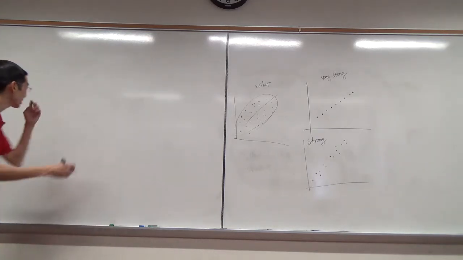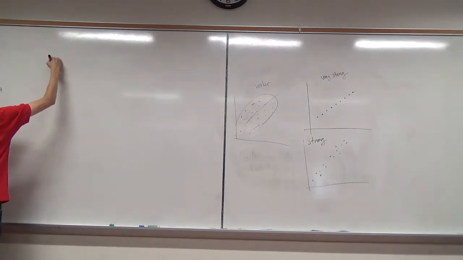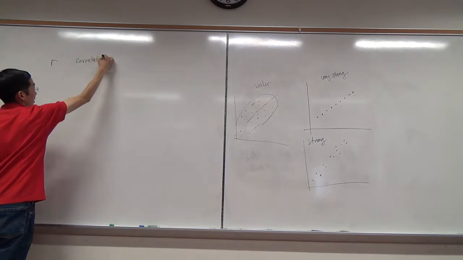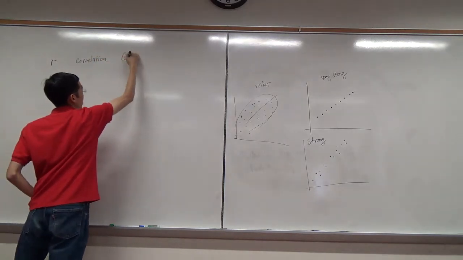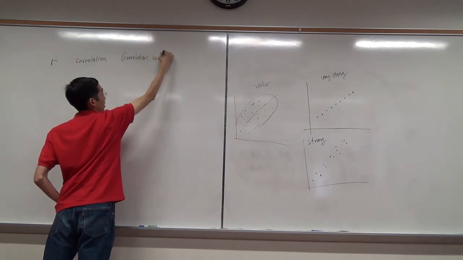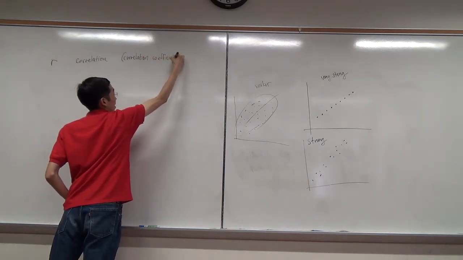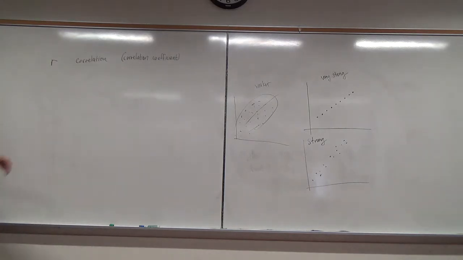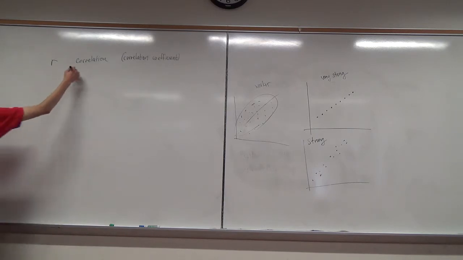We have the same thing here, except it's just the symbol R for correlation, sometimes the full name correlation coefficient. This is just a summary statistic that tells us the direction and the strength of a relationship.